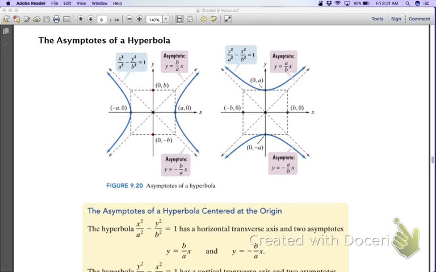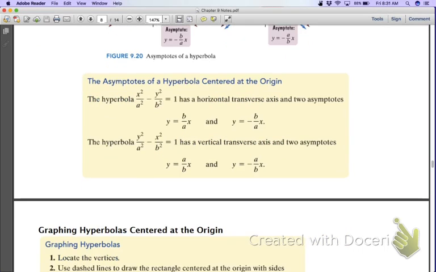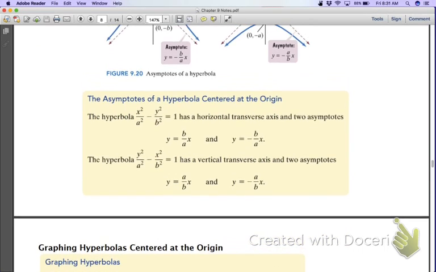The way that it's in this yellow box, here's the way I would tell you to find your asymptote, or the easiest way.